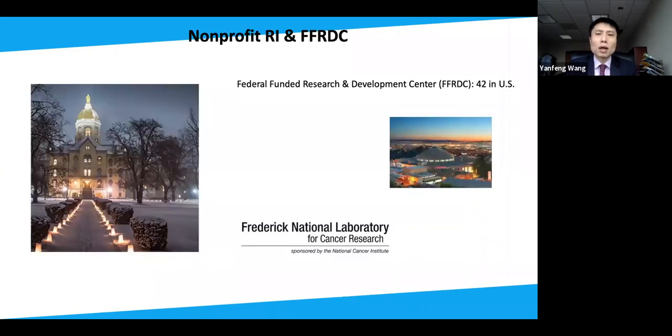So what are the RI and FFRDC? To keep it simple, a nonprofit RI just refers to a university. So if you collaborate with a university, you are collaborating with an RI. There are a total of 42 FFRDCs in the United States. One in our area is Frederick National Laboratory for Cancer Research. Another example is Lawrence National Lab, based in UC Berkeley.